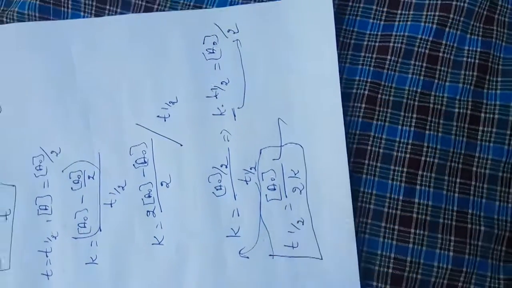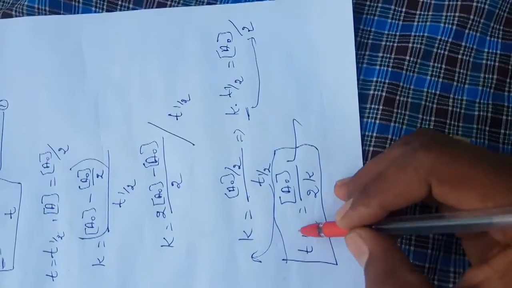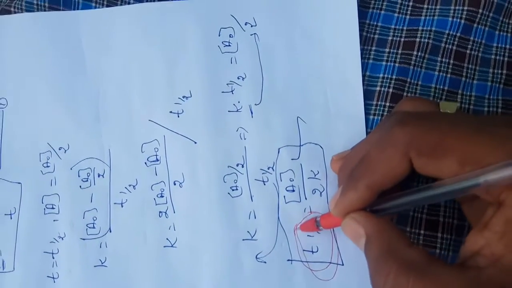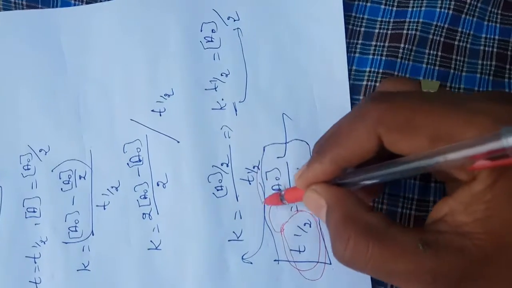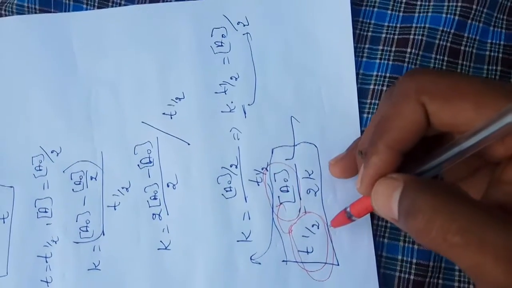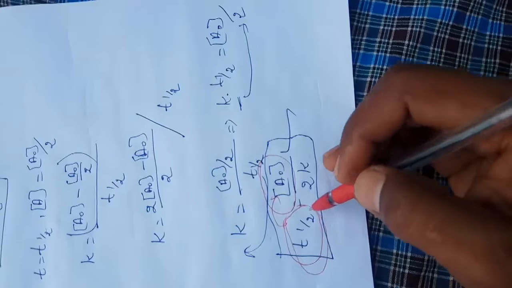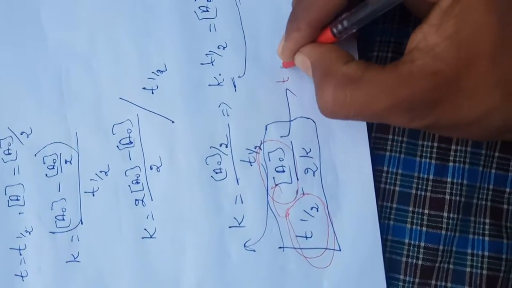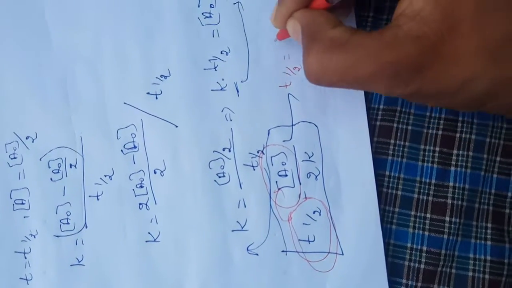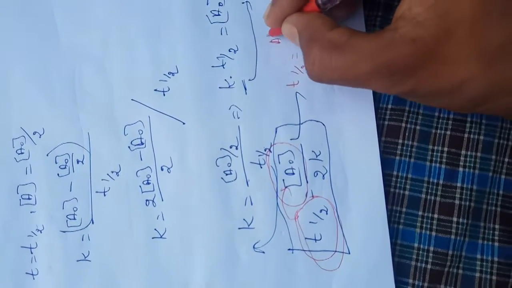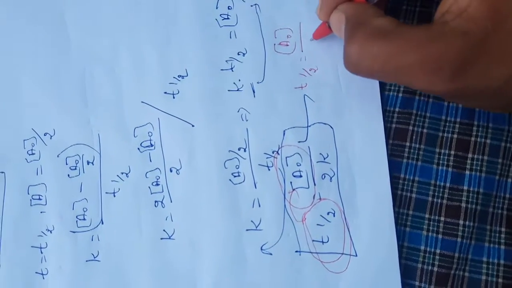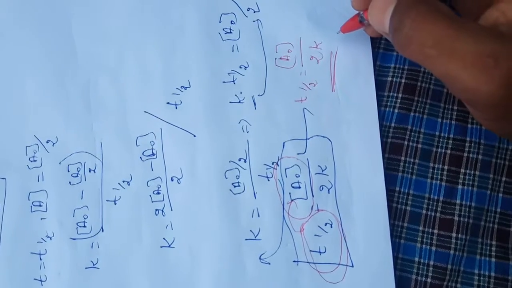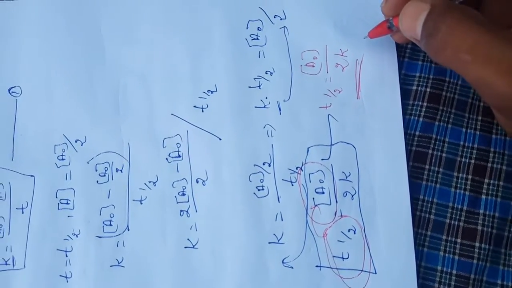So finally, half-life period of zero order reaction T 1/2 equal to initial concentration of the reactant A naught divided by 2K. This equation is the half-life equation of zero order reaction.